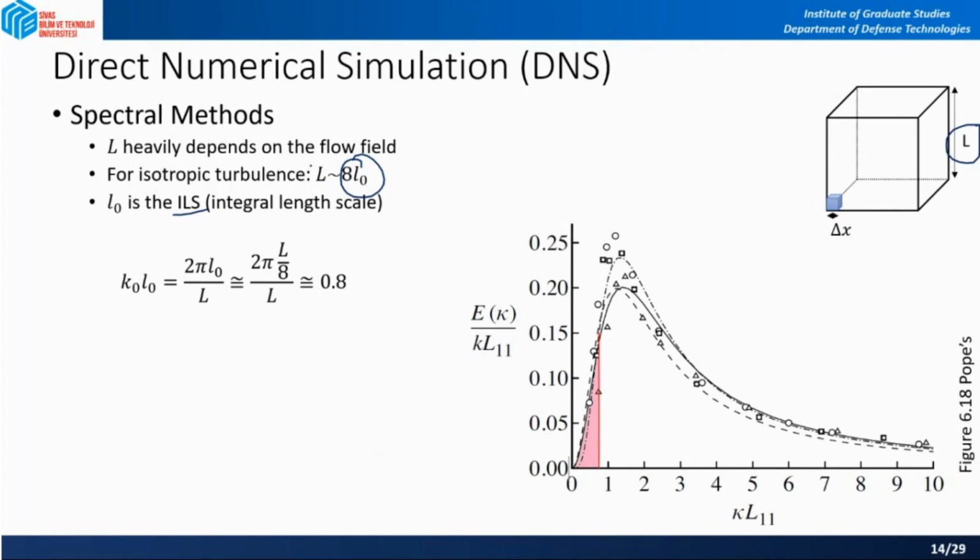We want to find the smallest cube size that we can simulate. The reason is explained in this figure that you see. This figure is from chapter 6, figure 6.18 of Pope's book.